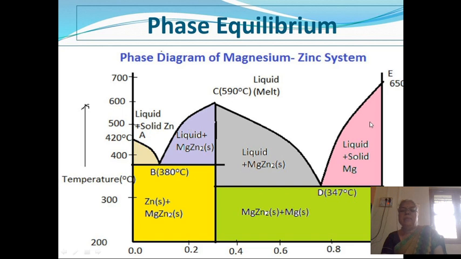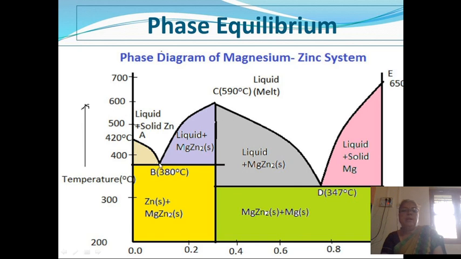By the combination of magnesium and zinc, a new solid is formed, and that new solid is magnesium zinc. That is the alloy, and this alloy has a melting point of 590 degrees centigrade.